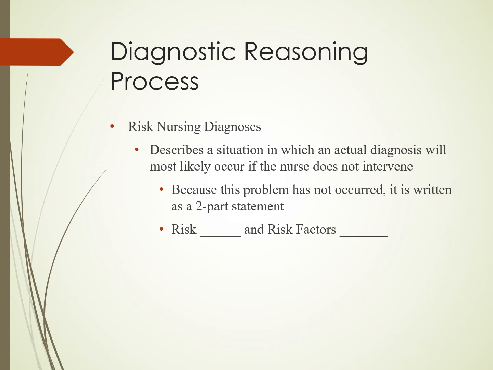So a risk diagnosis is when the patient is at risk for something if the nurse doesn't intervene. For example, we see this with skin integrity. That's a big one that you're going to see all semester long: risk for impaired skin integrity.